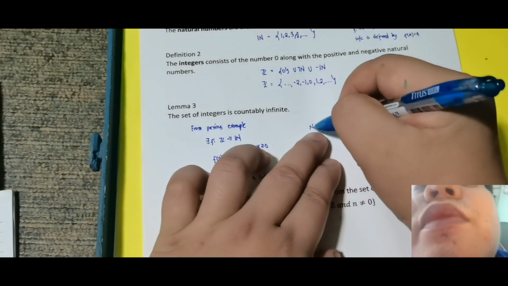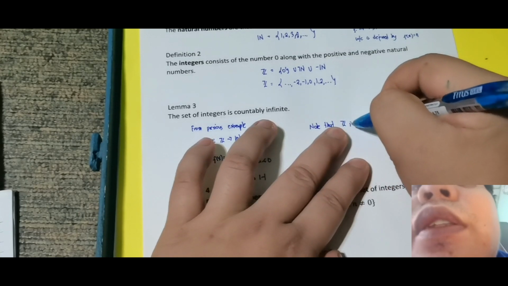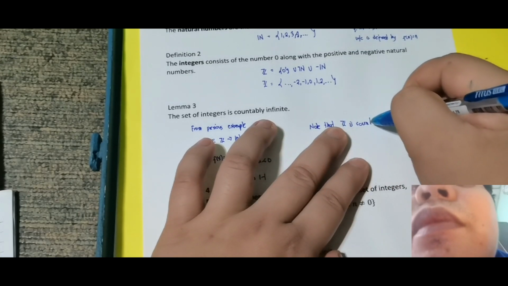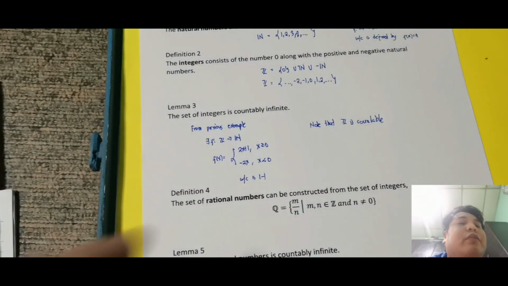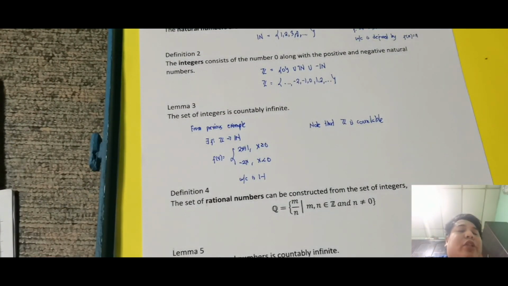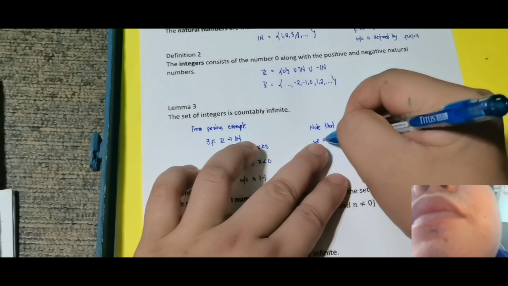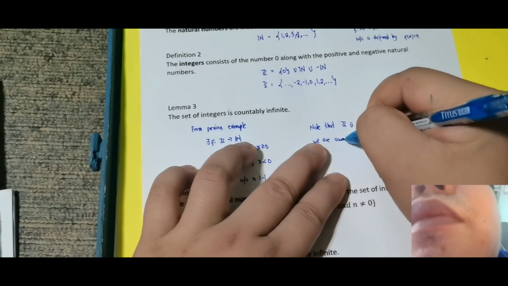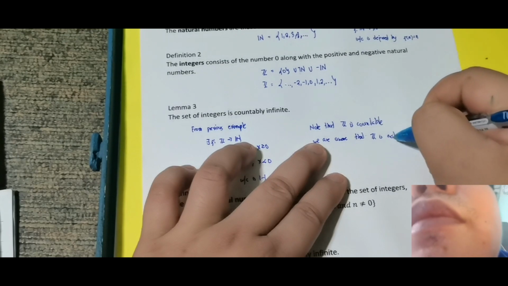So, note that Z is countable. Pero, hindi natin alam kung siya ay countably infinite. Tama? Pero, sabi ko nga, para maging countable ako, it's either finite ako or countably infinite. Pero, aware kayo. So, we are aware that Z is not finite.